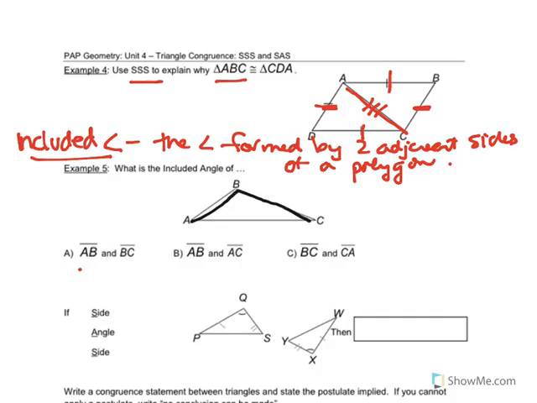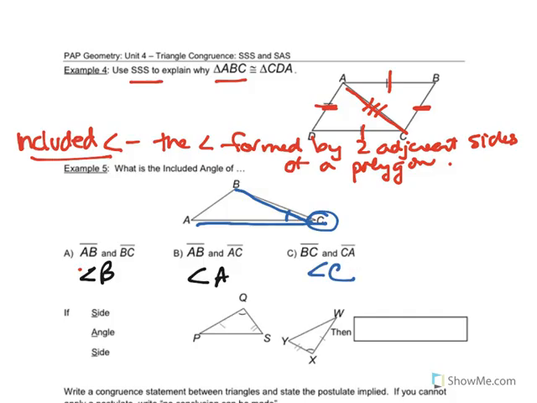What's the included angle? It's the one that's in between. It's going to be angle B. Okay? Line segment AB and line segment AC. What's the included angle? It's going to be angle A. And then finally, we have line segments BC and CA. And what's the included angle here? It's going to be angle C.